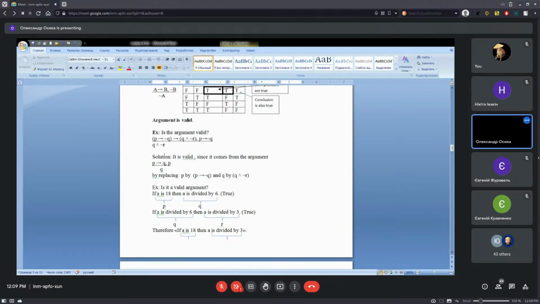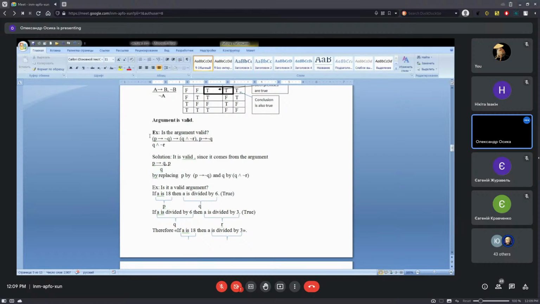Solution. It is a valid argument since it comes from the argument P implies Q, comma P, therefore Q, of which you remember it was the modus ponens method.